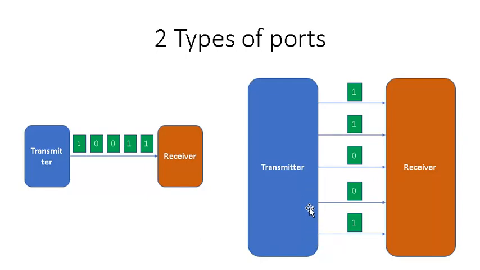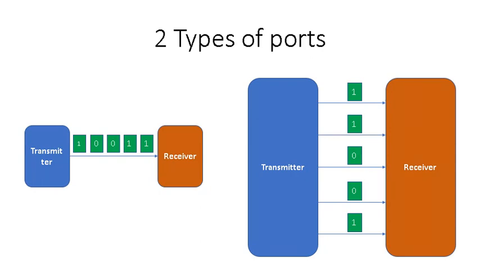Another reason is they are complicated and they can't transfer data over a long distance, because if they are transferring data over a long distance, there might be a chance of crosstalk. So that means the information that is at the receiver might not be the correct information. So those are the reasons that they are a little bit more limited than the serial ones that we are using.